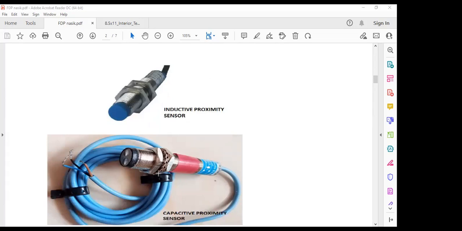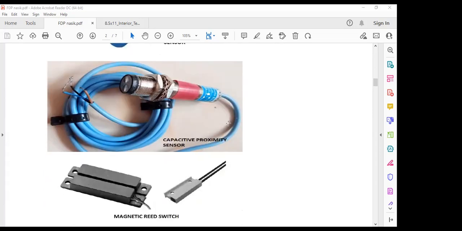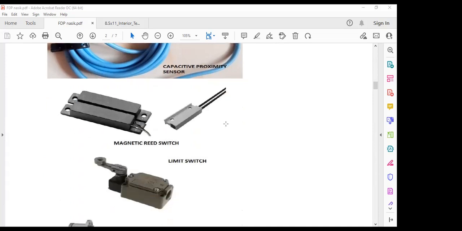So in sensors also you have many types. You can have inductive proximity sensor. You can have photo sensor, that is capacitive type. We can have reed switches. Reed switches are actually magnetic switches, magnetic sensor also you can say. These we use on pneumatic systems in mechanical department.